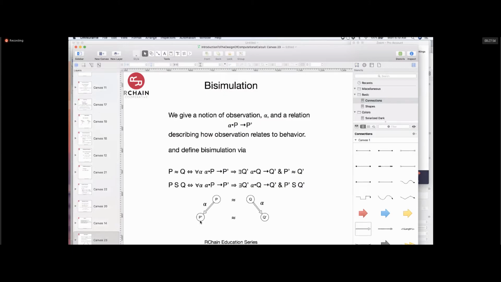So let that sink in for a minute. What we're talking about is equipping tools like cryptofx, which we're building for our chain development, with very powerful notions of refactoring, which provably preserve behavior. And that all arises from this idea of bisimulation and the relationship of bisimulation to equational reasoning.